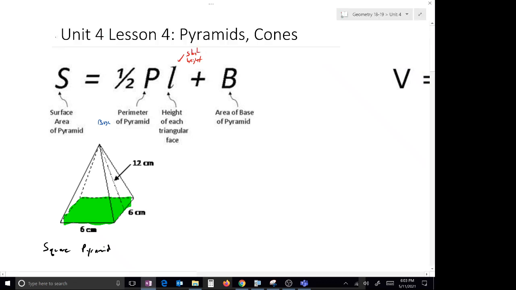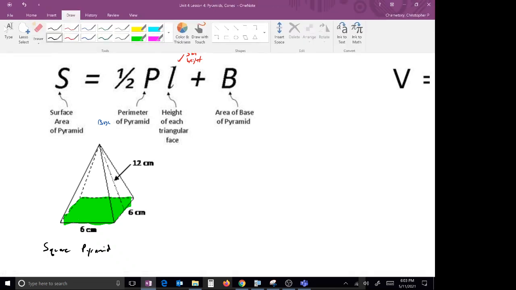And then we have four lateral triangles wrapped around. That's basically every single pyramid. No matter what the shape of your base is, you have your base shape, and then you'll have triangles wrapped around to form your pyramid. I guess I shouldn't say equal, for a rectangular base they would be slightly different, but essentially you're going to have triangles that fold up.